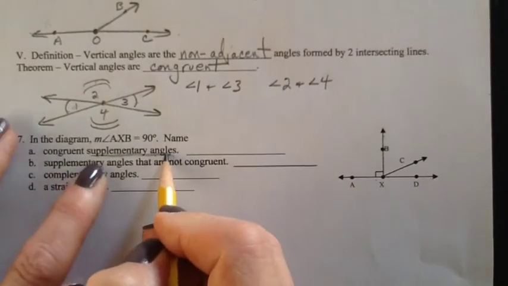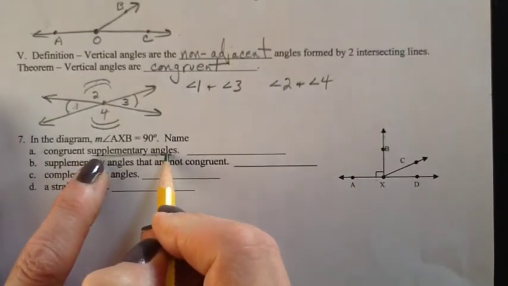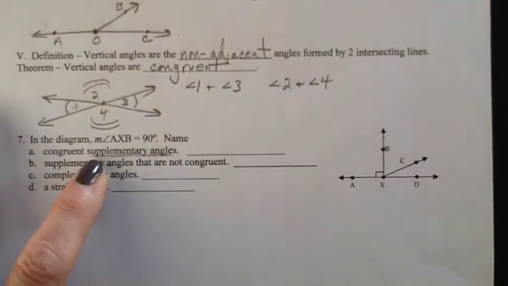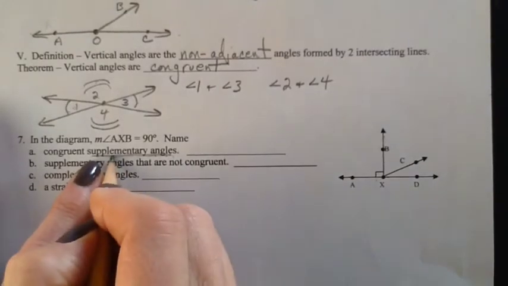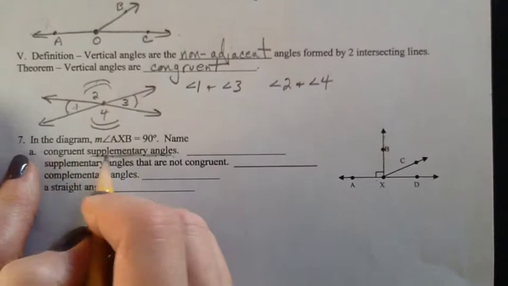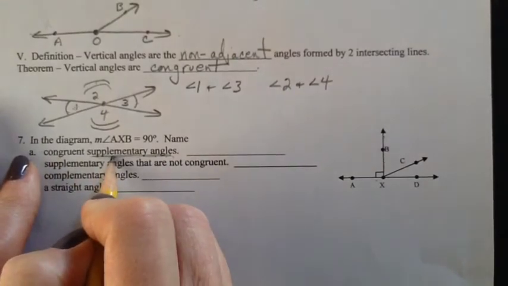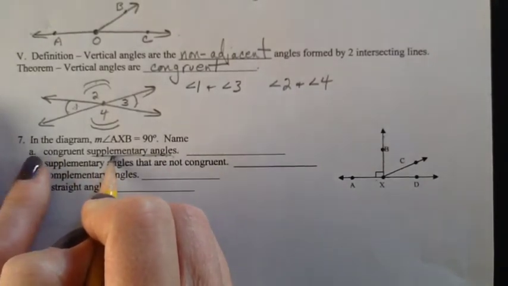Congruent supplementary angles add to 180 degrees by definition, and if they're congruent, what 2 angles would add to 180 degrees and have the same value?